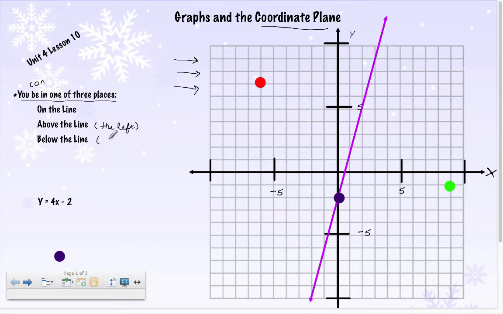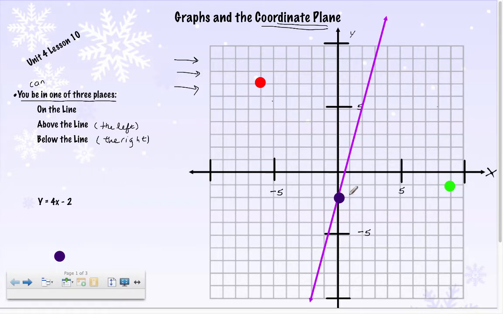And the green dot looks like it's to the right. Well, you can say to the left and to the right, above and below, but I just want you to realize that a graph, this line, divides this coordinate plane into 3 places. You have one side, the other side, or you can be on the line.